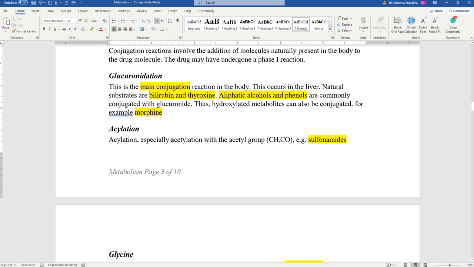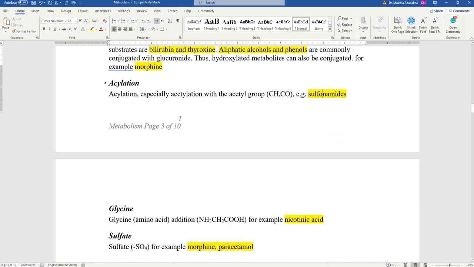We have people with slow acetylation, so do you need to give a lot of drug or less drug when you have slow acetylation? Of course you need to reduce the dose in this case. And we have the fast acetylators, where in this case you may need to increase the dose of the drug in order to have the effect.